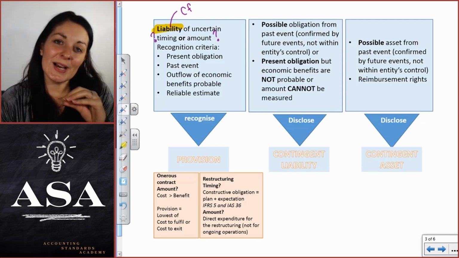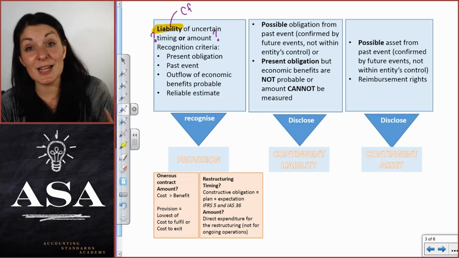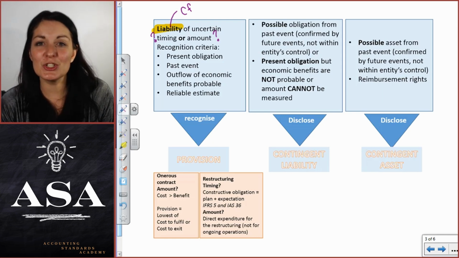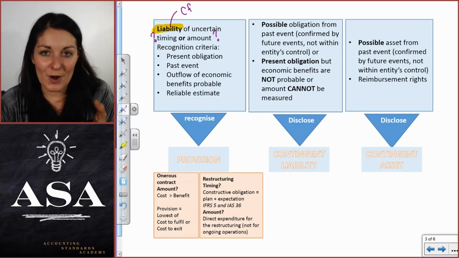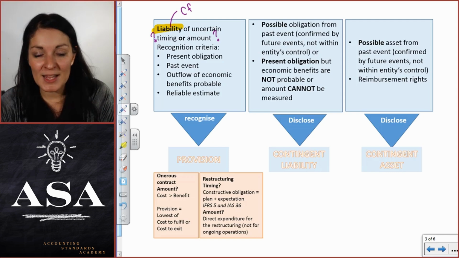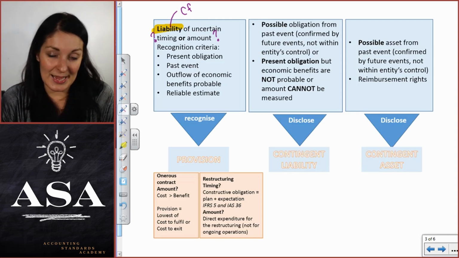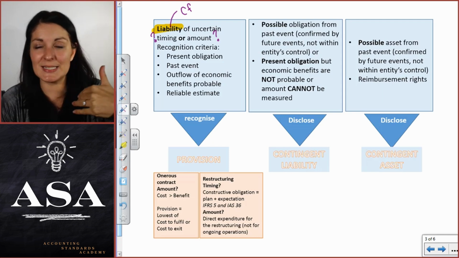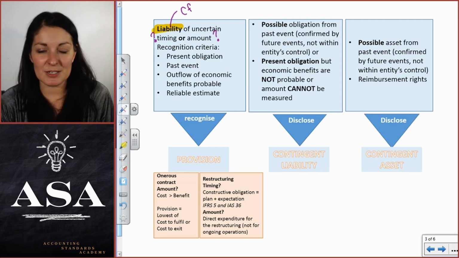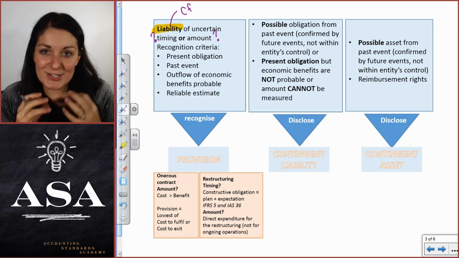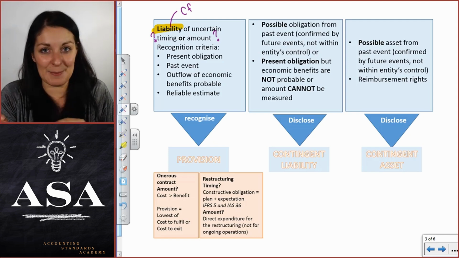But there's no uncertainty regarding the timing or the amount because you do get an invoice from the supplier, and on that invoice is the amount that you need to pay and also by when, like for instance within 30 days you need to make payment. So there's no uncertainty regarding timing and amount.